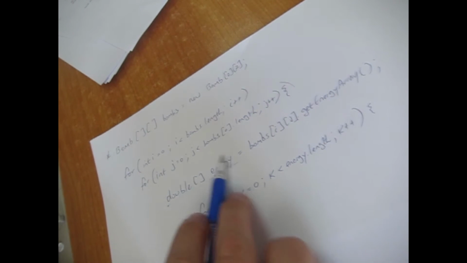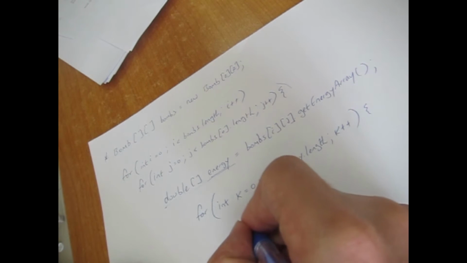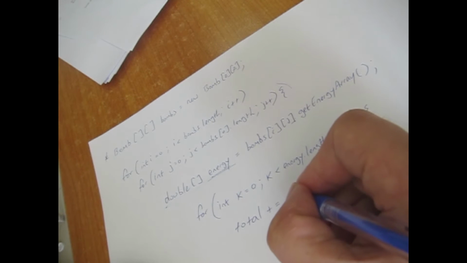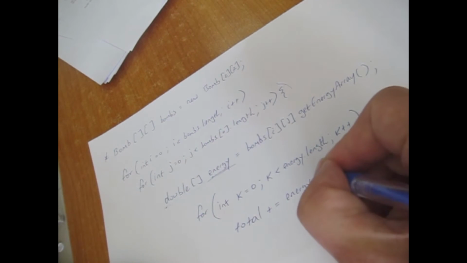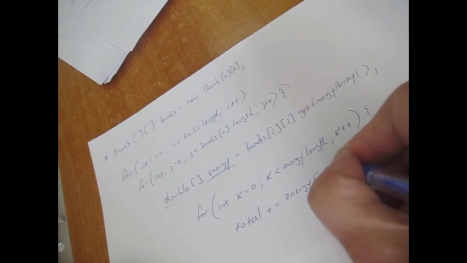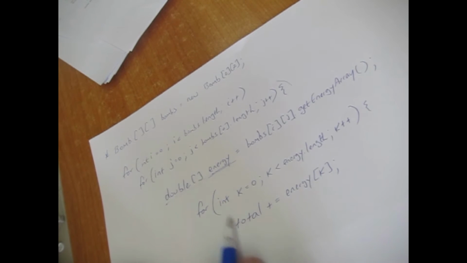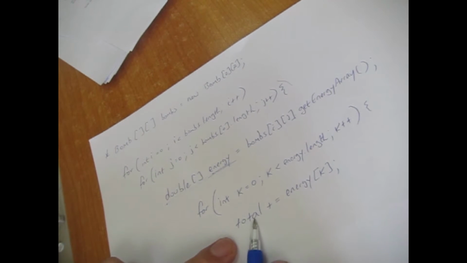So I'm going to loop through this array, and I'm going to create a total. Total plus equals energy[k]. Now I need to find out where I am going to initialize this new value here, total. It has to be a double.